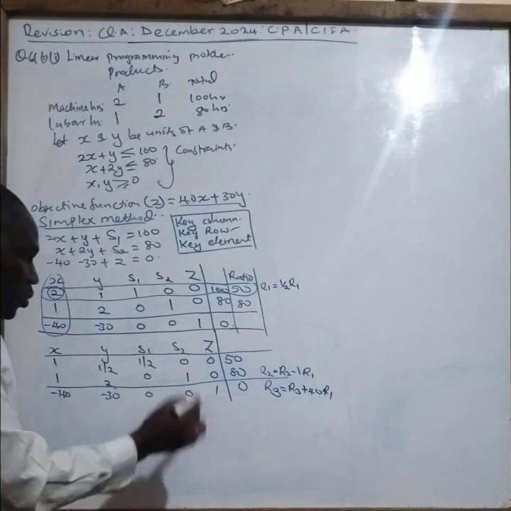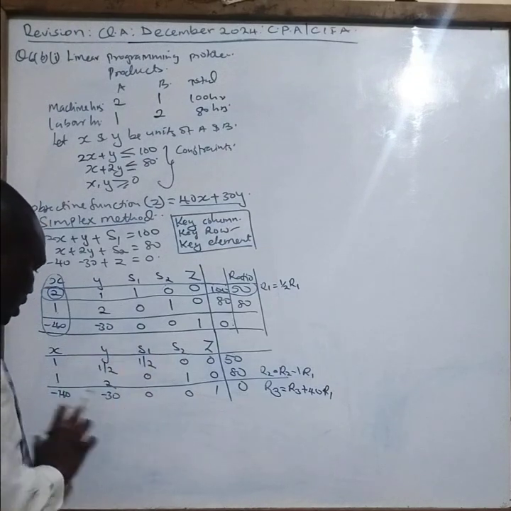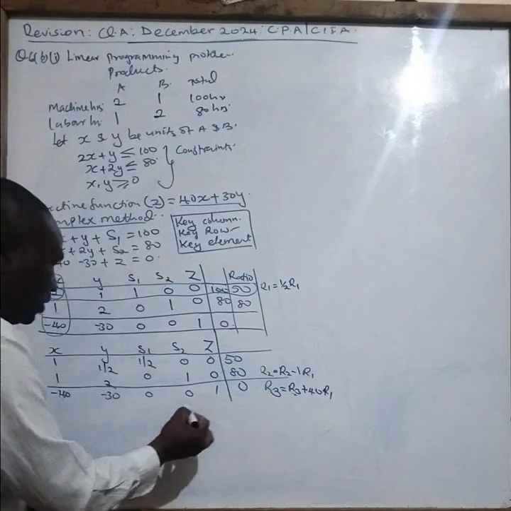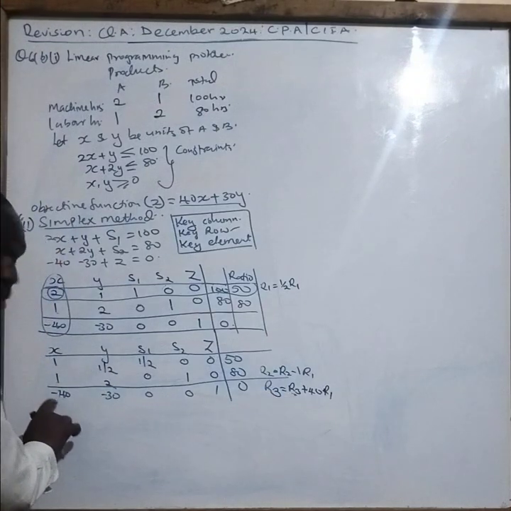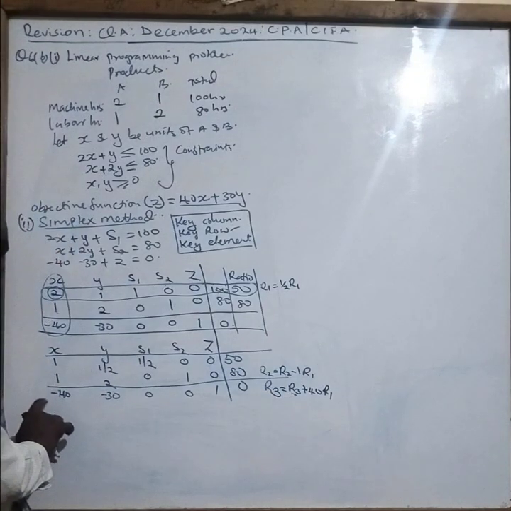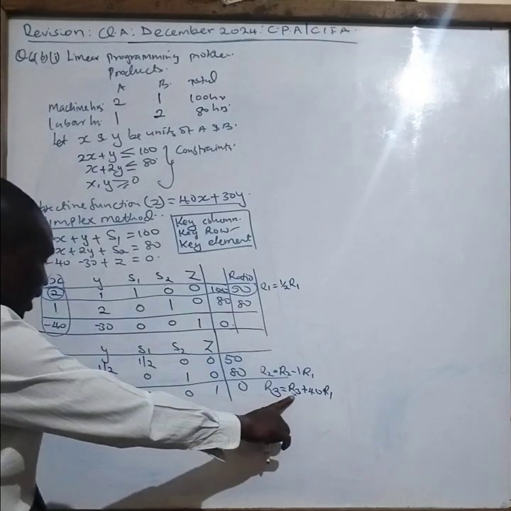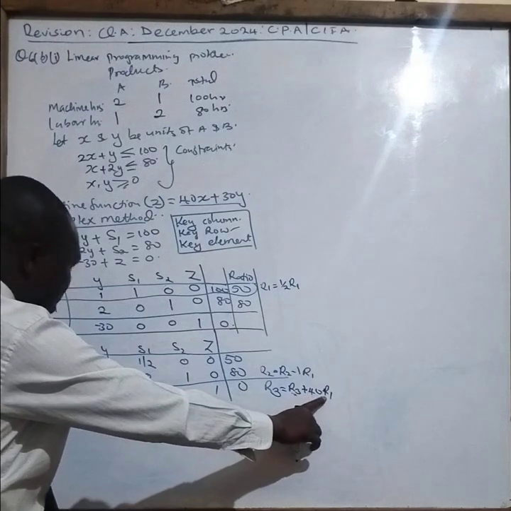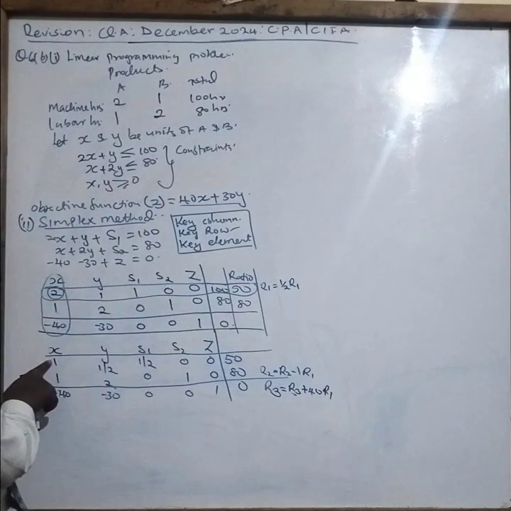If you press your calculator very well, you will find these figures. For example, let me deal with the last one, this column, this row 4. It will be negative 40 plus 40 times R1, which is 1, will give you 0.